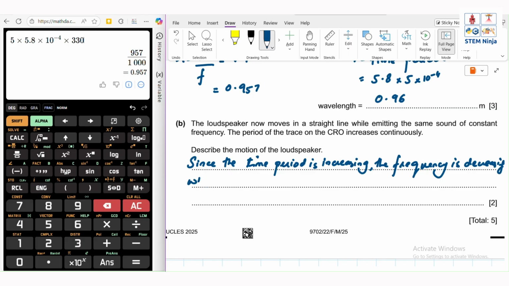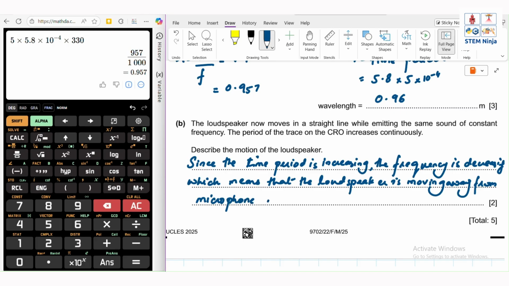Which means that the loudspeaker is moving away from microphone at an increasing speed.